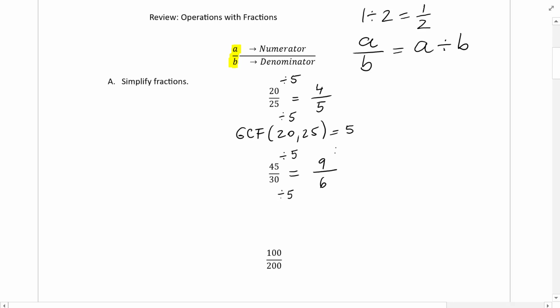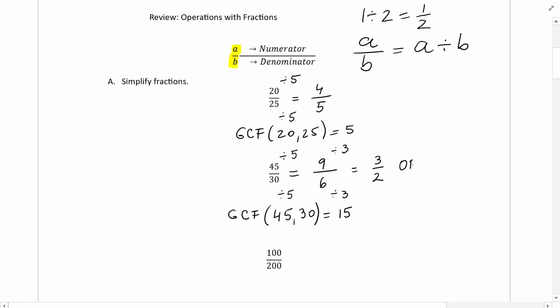But we also notice that both of them can be divided by 3, so we get 3 over 2. And that is the fraction simplified. So in this case, if I'm looking for the greatest common factor of 45 and 30, the actual value is 15. Both of these numbers can be divided evenly by 15.